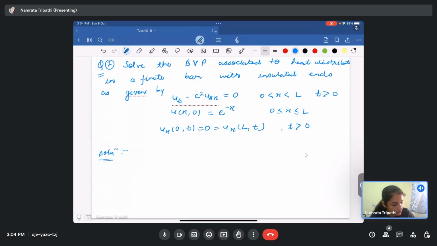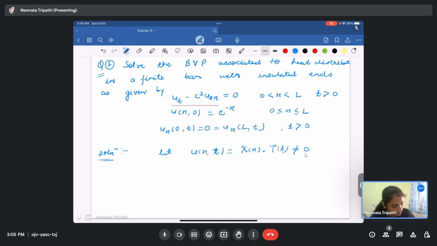So for variable separable, we have to suppose u(x,t) is of the form X(x)T(t). Now what we have to do? We have to solve for X and for T, then we can find u(x,t).